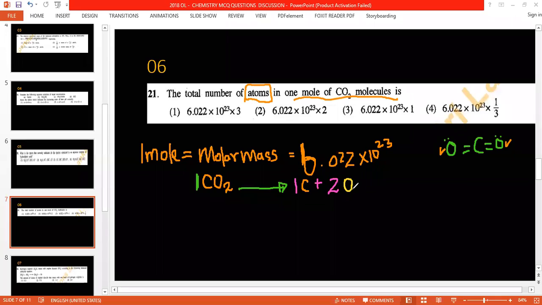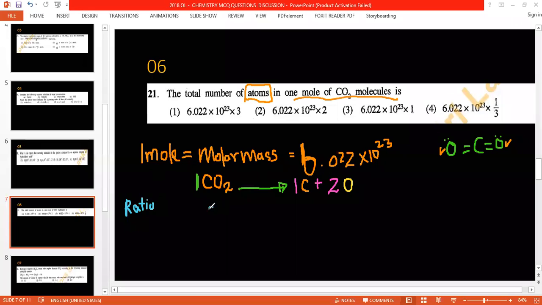Look at the question: total number of atoms in 1 mole of carbon dioxide.